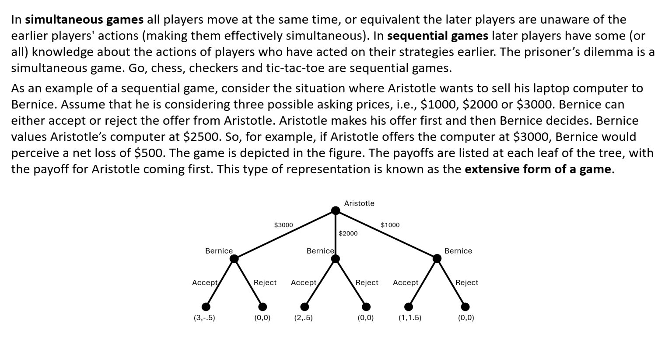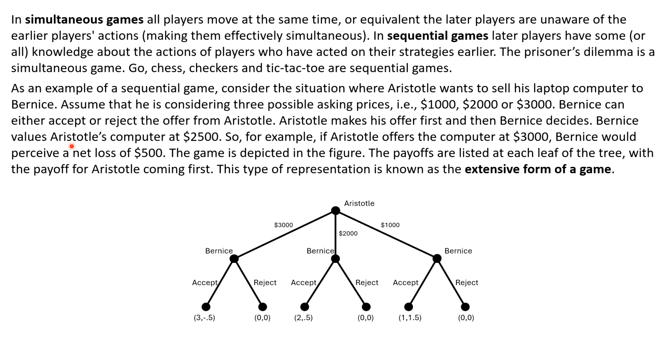So, for example, Go, chess, checkers, and tic-tac-toe would be sequential games. I have an example here. Let me point to it. We have 2 people. Aristotle wants to sell his laptop computer to Bernice. Assume that he's considering 3 prices, $1, $2, and $3,000. Bernice can either accept or reject the offer from Aristotle.